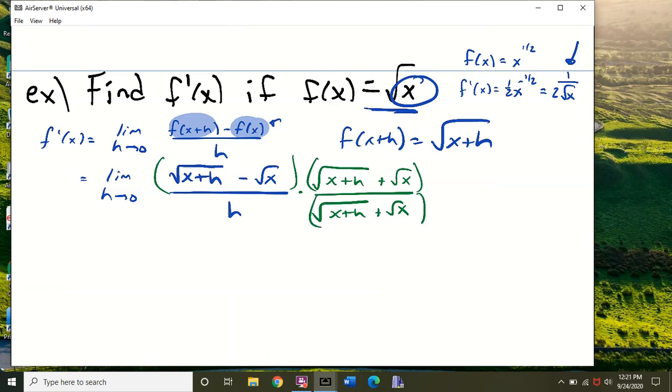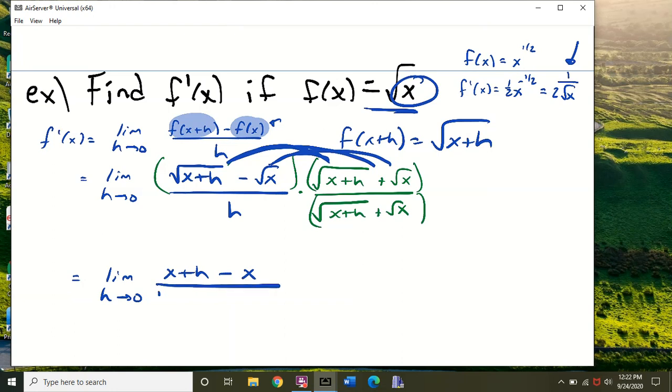And the original radical was in the numerator, so I'm going to distribute this out. So we're looking at limit as h approaches 0. Okay, multiplying these together is just going to be x plus h. The outer and the inner will cancel, as conjugates do. When I do negative radical x times positive radical x, we just get minus x. The denominator I'm going to leave factored.